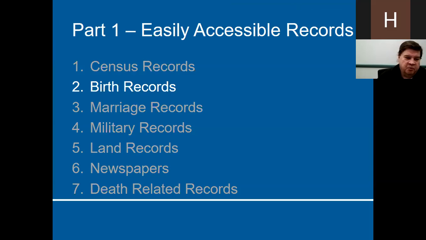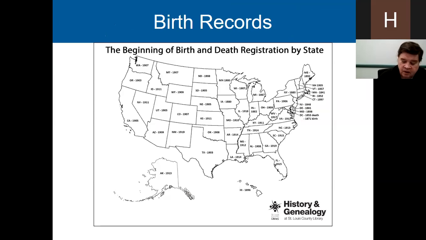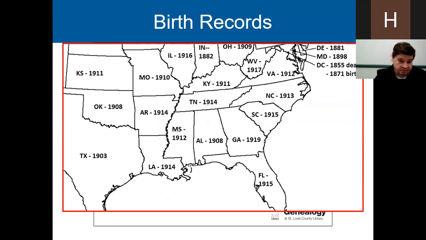Now let's consider birth records. We all want to find a birth certificate for our ancestors, and sometimes that's possible. But in many cases, births and deaths registrations didn't start as early as we think they did. In fact, if we look in the Southeast, which is the area most African-American families are going to come from, we're going to see probably the earliest is Texas, starting in 1903.